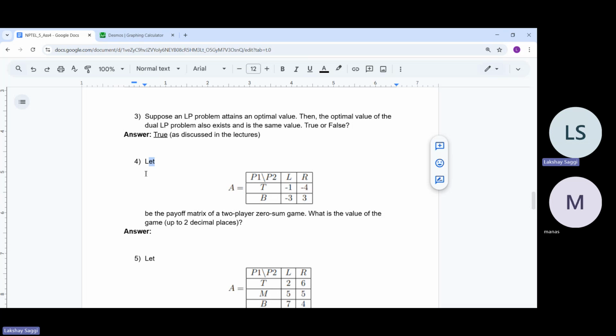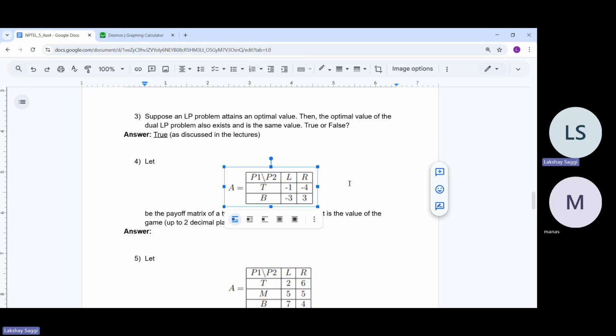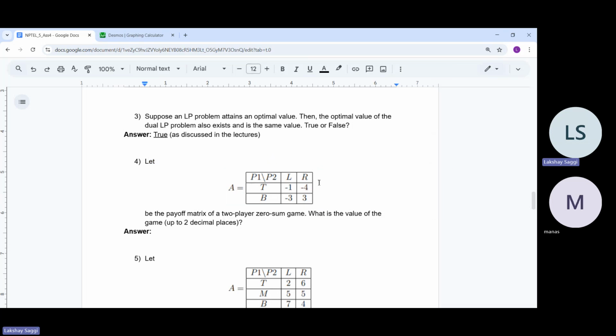The fourth question says that again we are given a payoff matrix for the two-player game, and we need to find the value of the game up to two decimal places. And what do we mean by finding the value of the game?